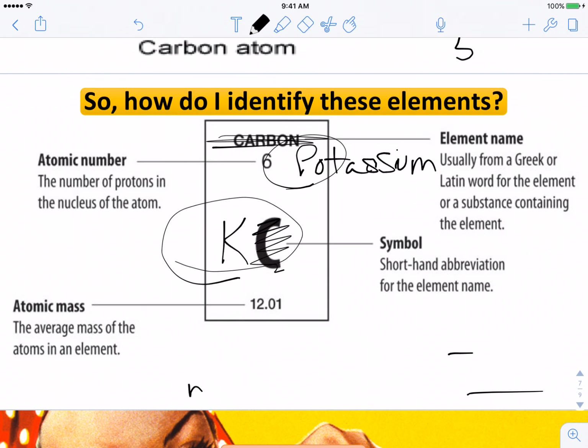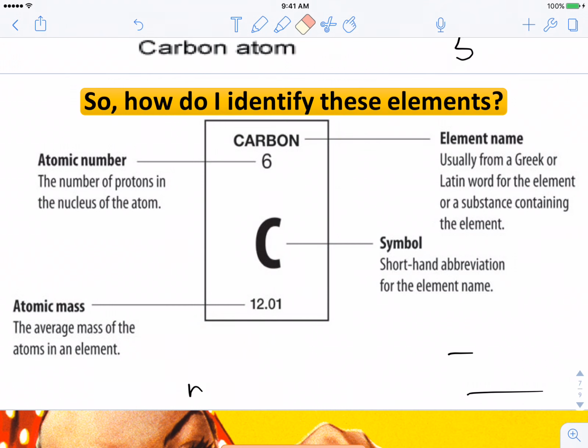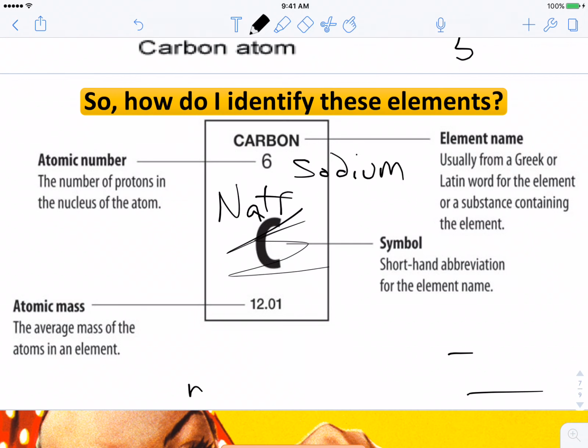Well, the K is from the Latin origin of the word or the Greek origin of the word. Sometimes if they ran out of P's, they would use a different letter, and they would use the Greek or Latin name. Prime example would be sodium. Sodium is spelled S-O-D-I-U-M, but the chemical symbol is Na. Na is short for natrium, which is actually Latin for sodium.